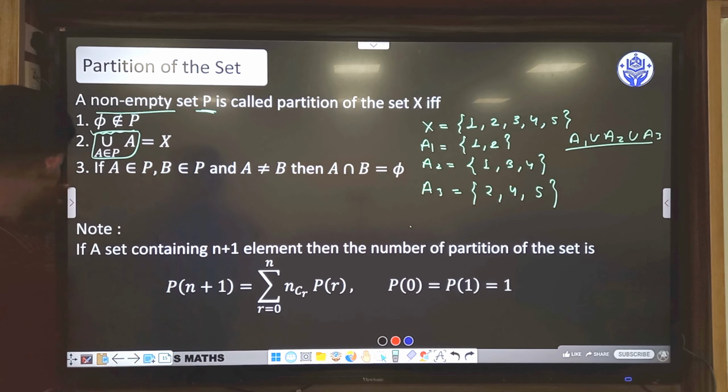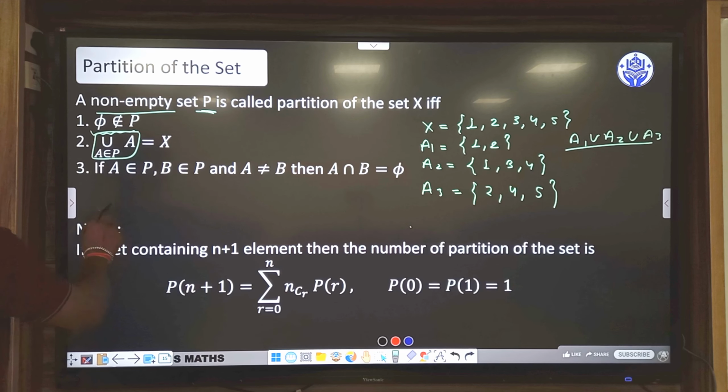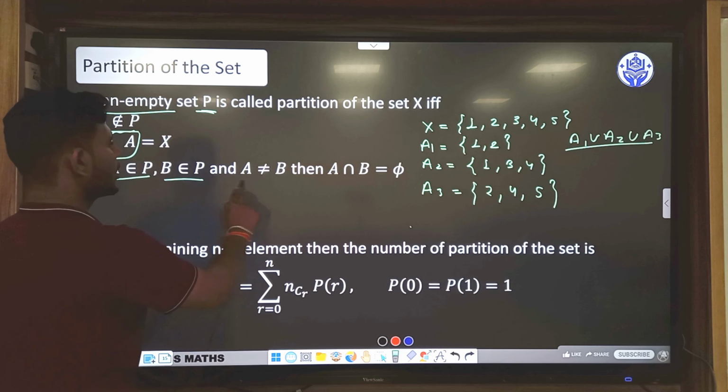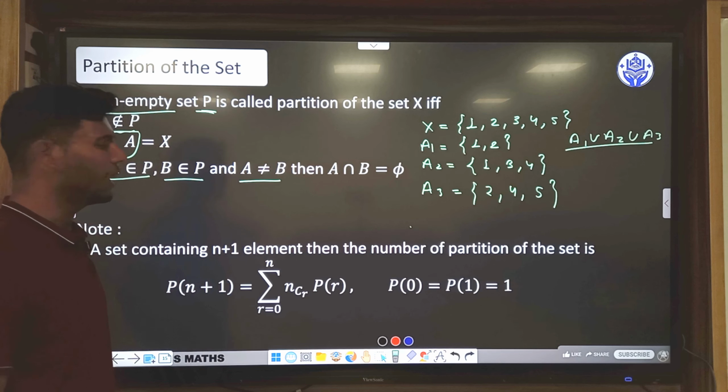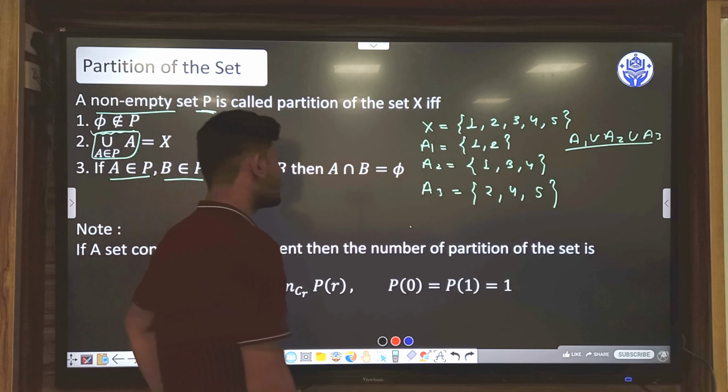Next, we have one property. If A belongs to P and B belongs to P, and A and B are not equal, then A intersection B should be phi. This is one of the concepts here. It means that the partition should be unique.